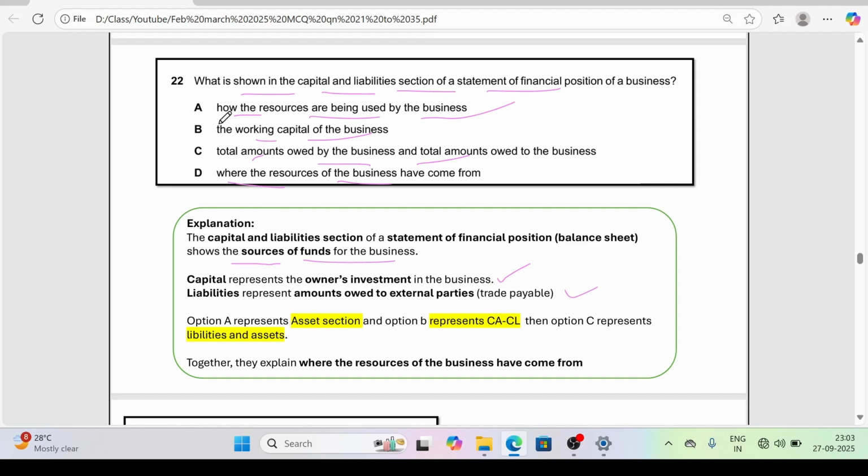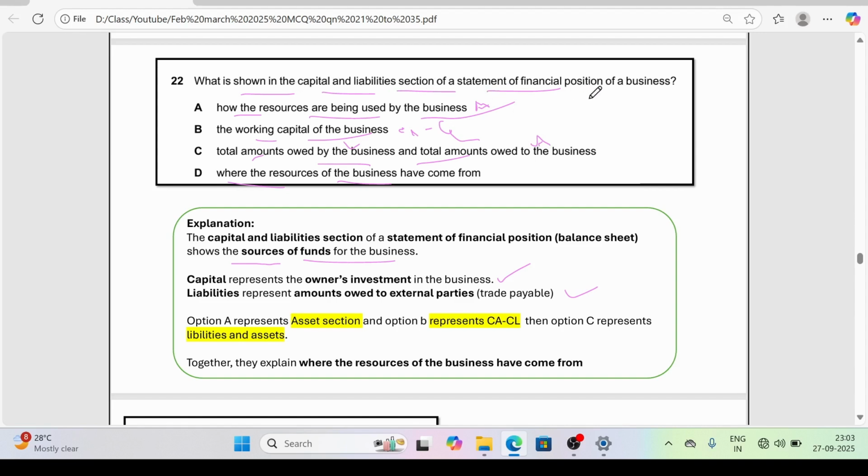Okay, here option A, how the resources are being used by the business. This is assets. The working capital of the business means current assets minus current liabilities. Option C, the total amounts owed by the business means liabilities, and total amounts owed to the business means assets. So the question is, what is shown in the capital and liability sections?